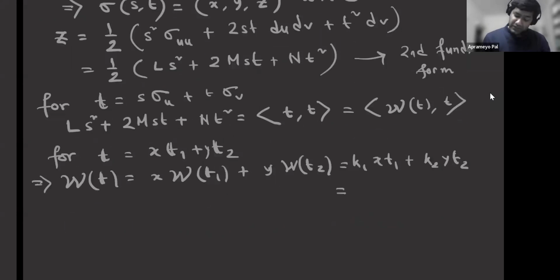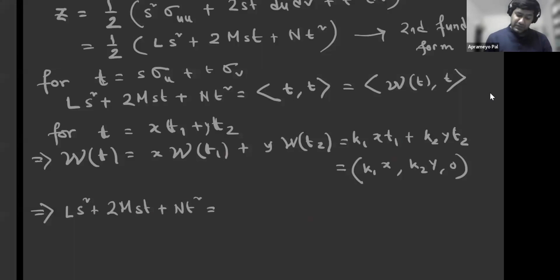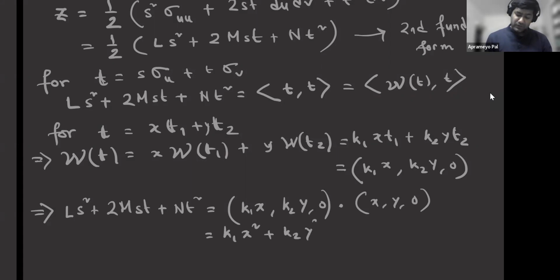You can think of this as the coordinates (kappa1 x, kappa2 y, 0). This finally gives that L s square plus 2M st plus N t square is the inner product of W(T) and T, so it's (kappa1 x, kappa2 y, 0) dot (x, y, 0), which is kappa1 x square plus kappa2 y square.